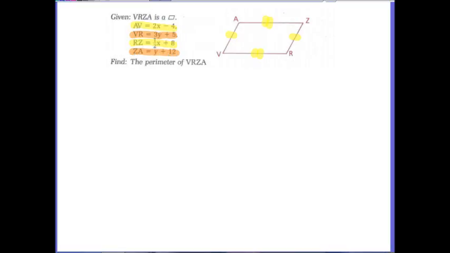So the first question that I ask you is, do I have a system? Absolutely not. Systems only happen when you have multiple variables in one equation. And what I have here is 2x minus 4 is going to equal 1/2 x plus 8, a single variable, x. And on my other pair, 3y plus 5 is going to equal y plus 12.